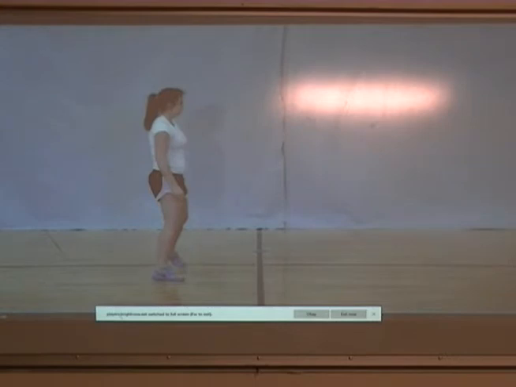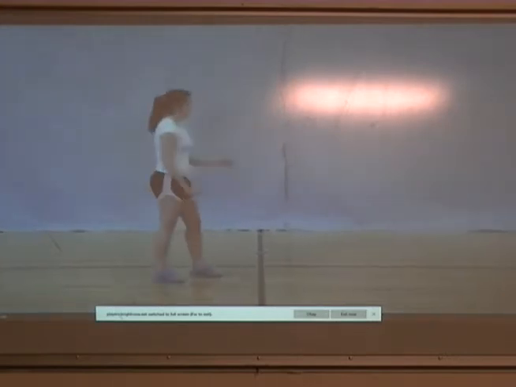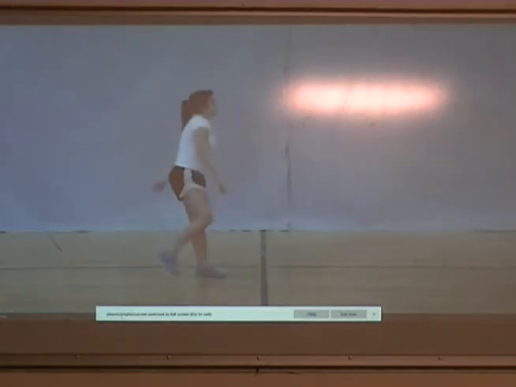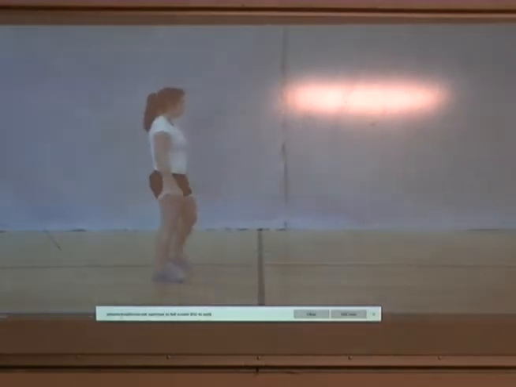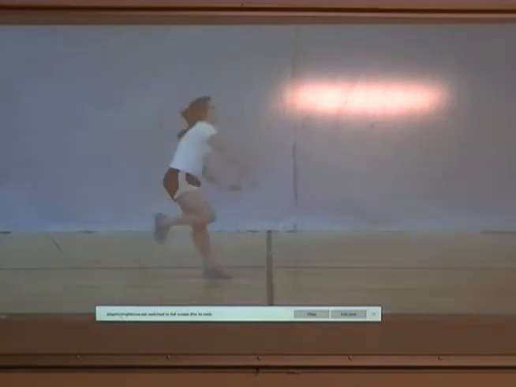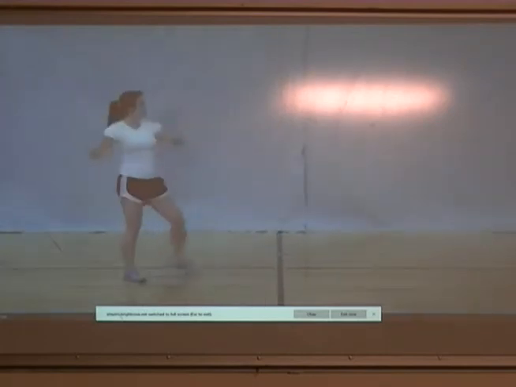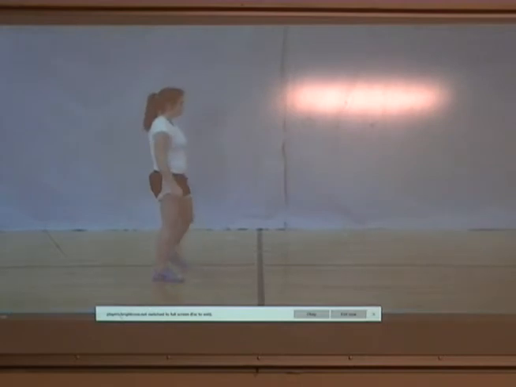So this young lady is not typical. She could be a softball player, perhaps, right? Her throwing action is quite good. Still got some work to do there, but it's not bad, right?